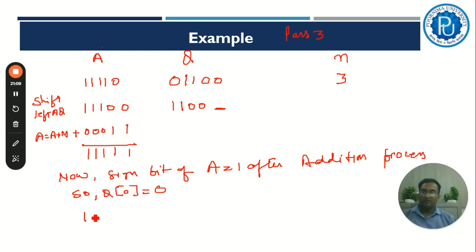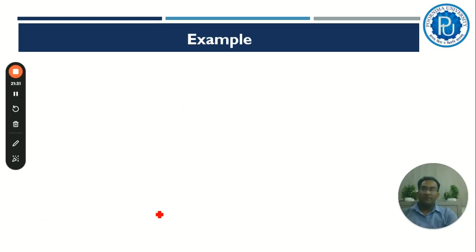So this will be 1 1 1 1 1 and 1 1 0 0 0. This is the value of accumulator and Q register after pass number 3 ended. Now we will decrement the value of n.